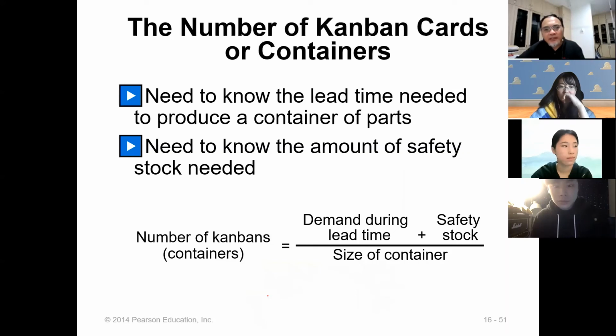Right, there is a calculation. I'm not going to go through this, the number of Kanban cards or containers. You need to know the lead time, you need to know the amount of safety stock needed. So there is a calculation on the number of Kanbans needed. It is based on this formula: demand during lead time plus safety stock, divided by the size of container. Then only you can actually determine the number of Kanbans. In this case, it is containers, the number of containers.